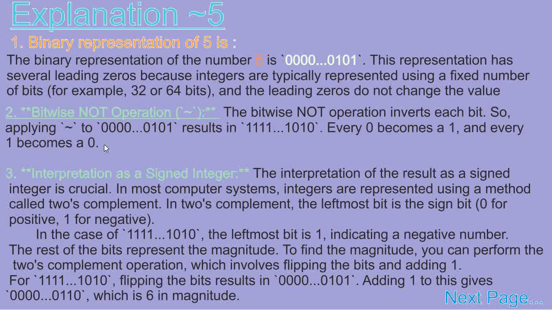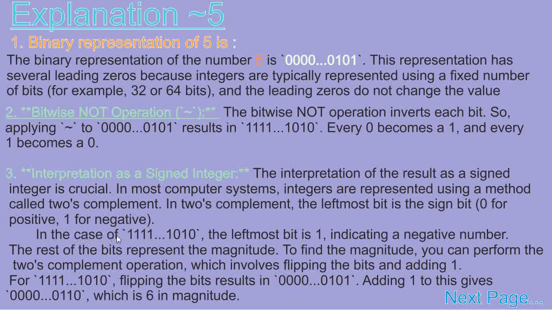Interpretation as a signed integer. The interpretation of the result as a signed integer is crucial. In most computer systems, integers are represented using a method called 2's complement. In 2's complement, the leftmost bit is the sign bit, 0 for positive, 1 for negative.